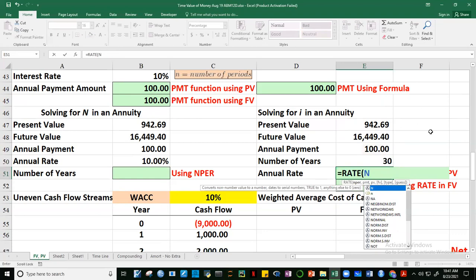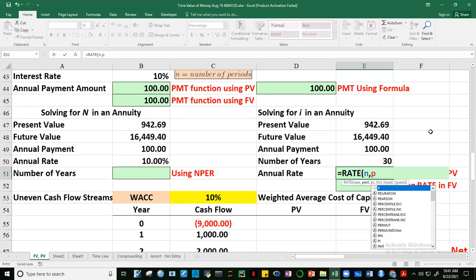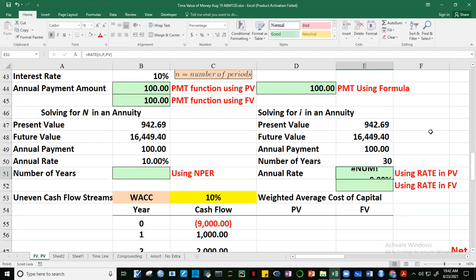NPER, PMT natin, P. And then PV natin, PV. Okay. FV ignore, type ignore. Yung type annuity kasi ito, annuity ordinary, no? And guess, ignore the guess. Okay. Enter. Okay, why am I getting an error term, guys?